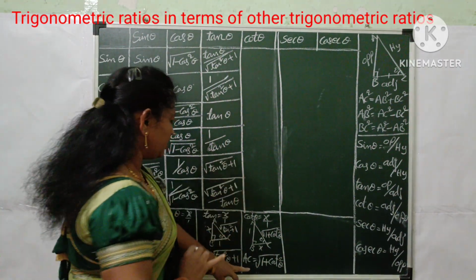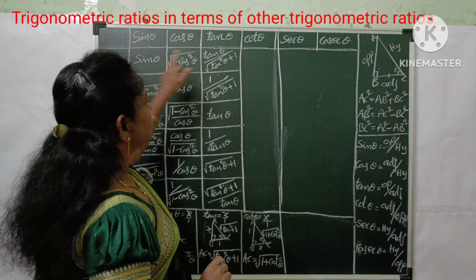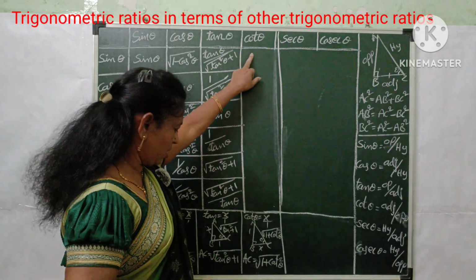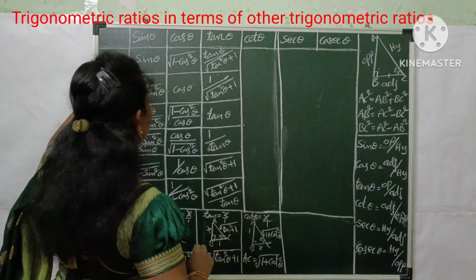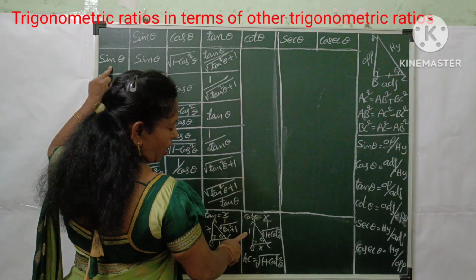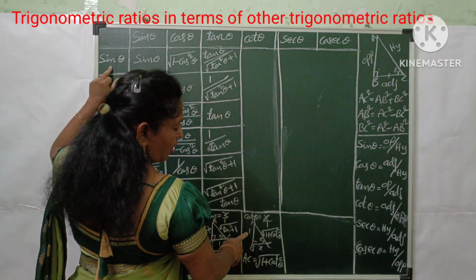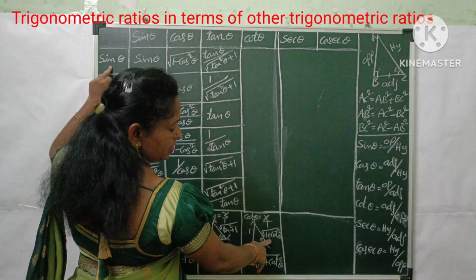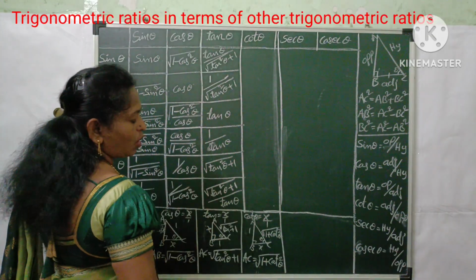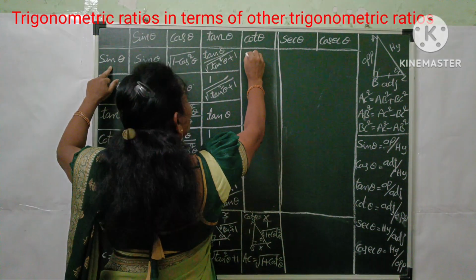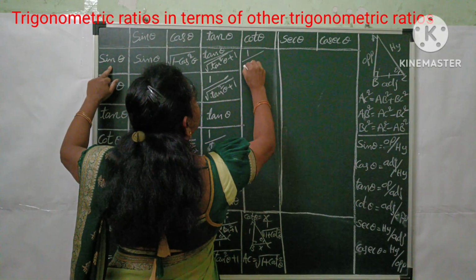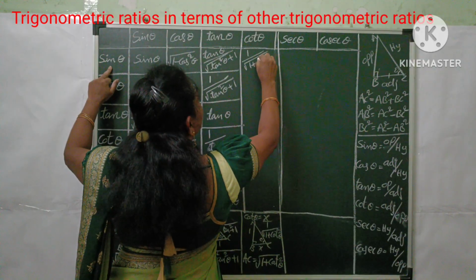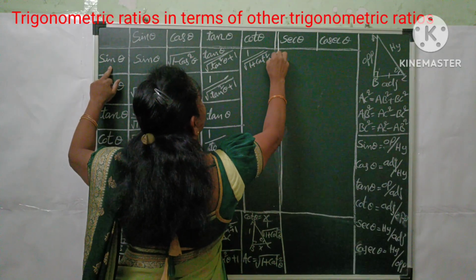Next see here, sin theta. Sin theta ratio you have to write. What is the sin theta? Here, opposite by hypotenuse. Opposite is 1 now, hypotenuse is square root of 1 plus cot square theta. So that 1 by square root of 1 plus cot square theta.